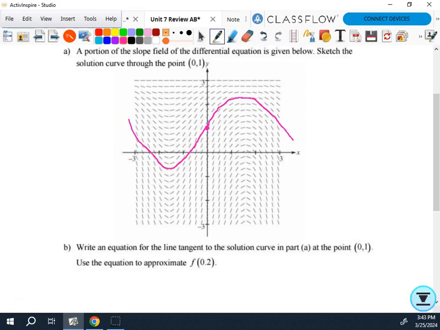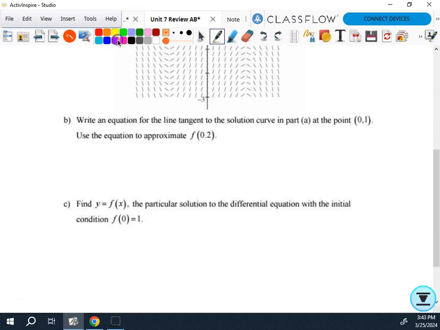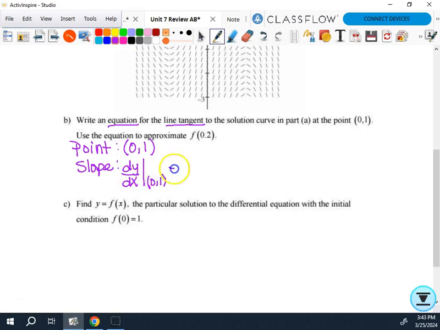Now I'm going to write an equation for the line tangent, okay? So I need a point, and I need a slope, okay? Tangent to the point, so that gives me the point at (0, 1). That means my slope is dy/dx evaluated at (0, 1).